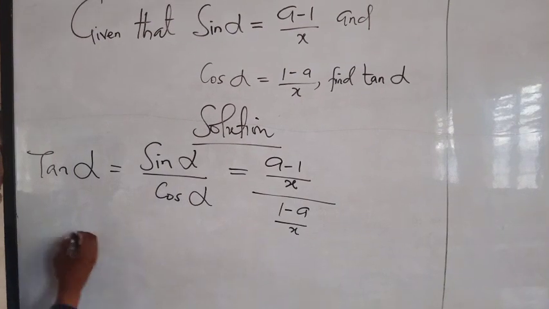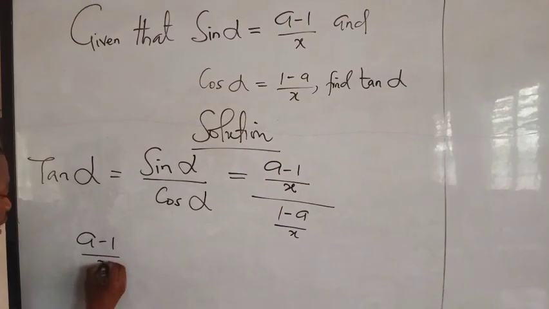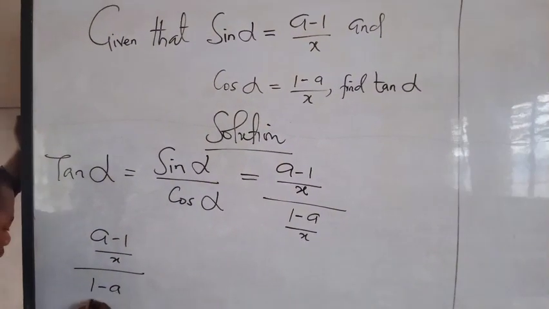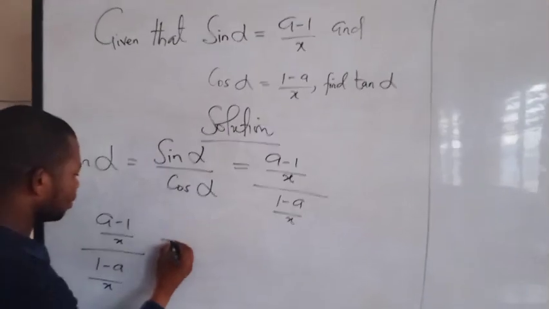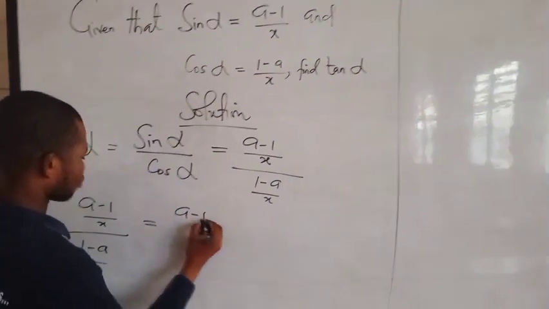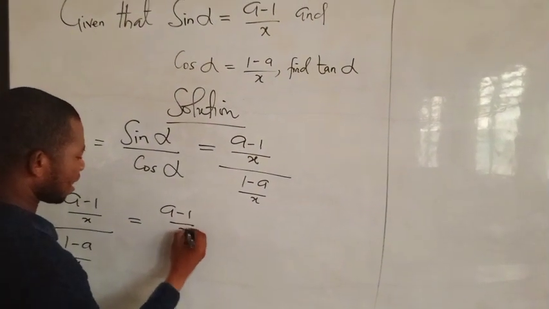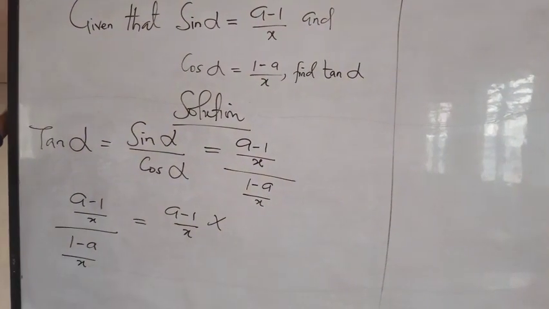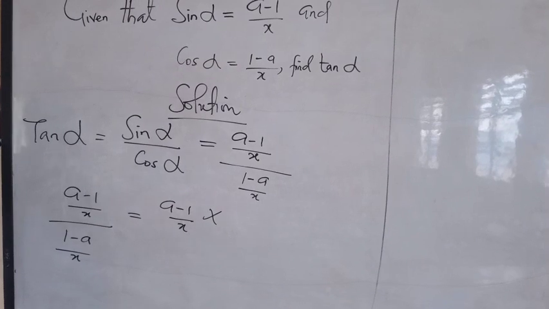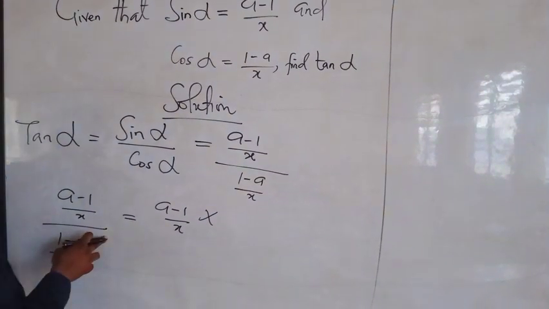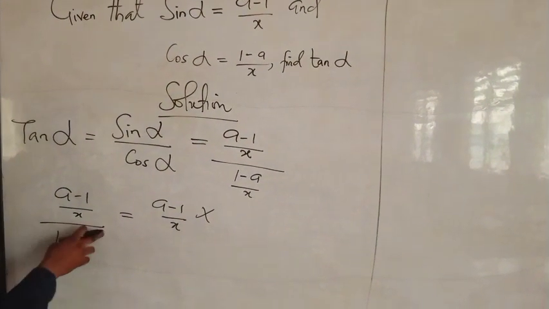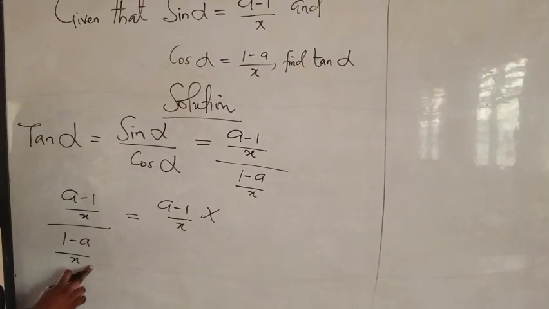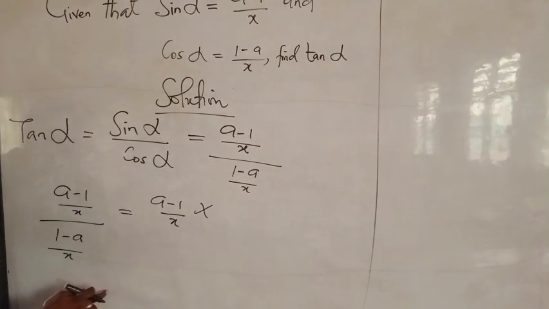So for me, I'm having (a minus 1) all divided by x, all over (1 minus a) all over x. It will give me (a minus 1) over x, and this division changes: you transform it, you have the reciprocal of it. So the moment it is transformed to multiplication, your denominator goes up and your numerator comes down.